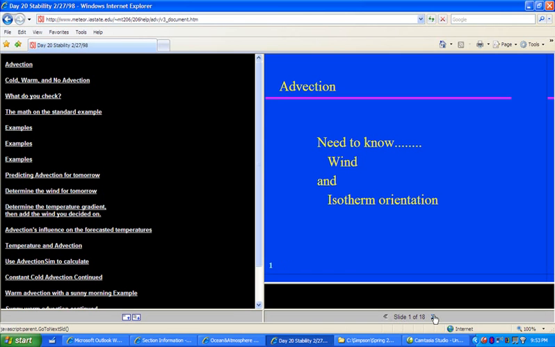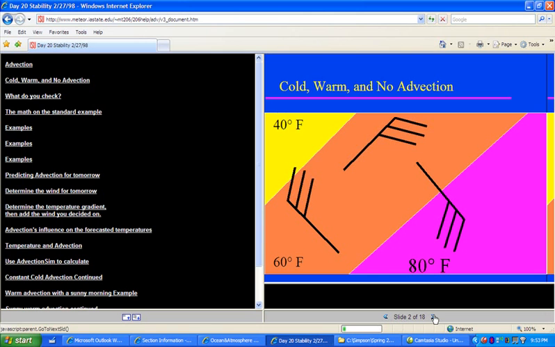Basically, for advection, we need to know the wind and the orientation of the isotherms. You have temperatures of 80, 60, and 40. You have a southeasterly wind. The wind is coming from the southeast. It is bringing in warmer air.